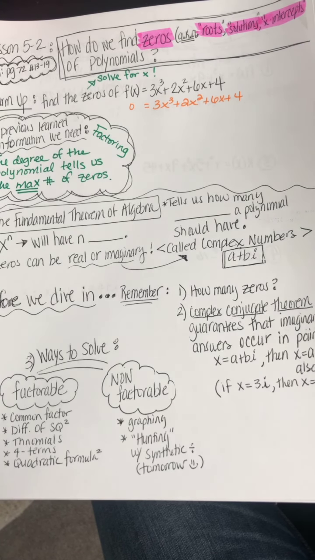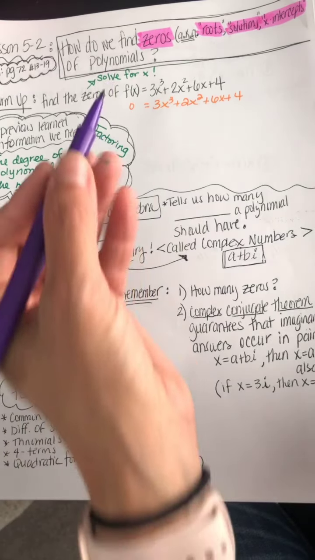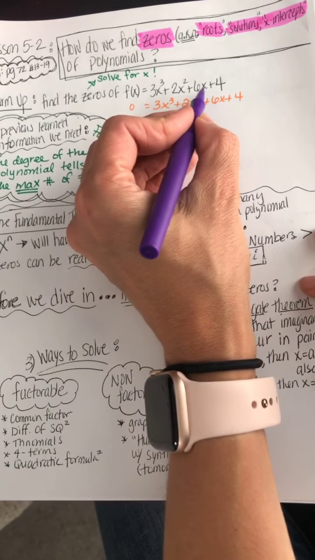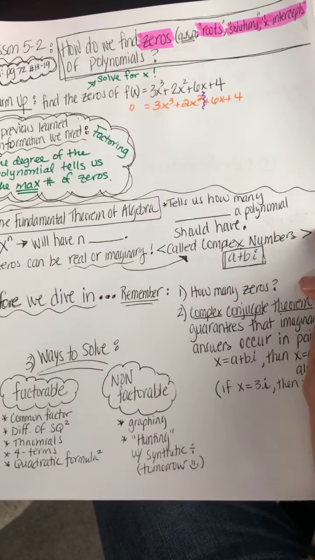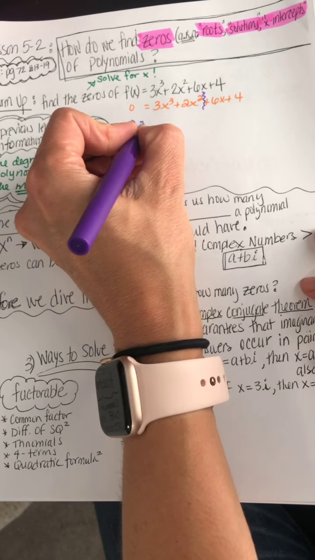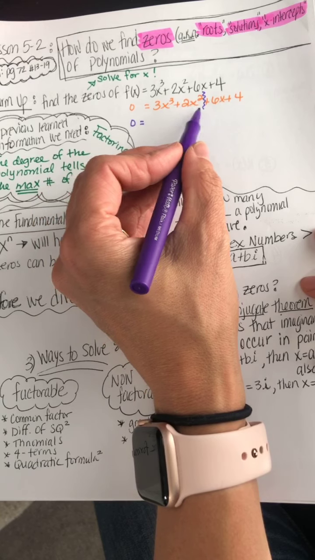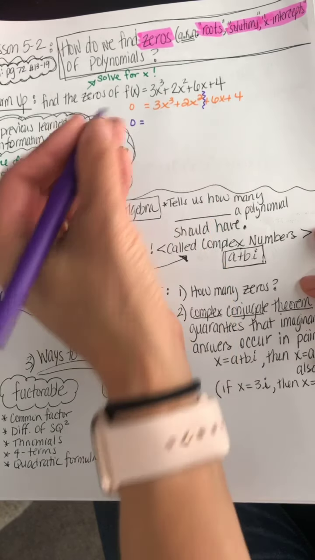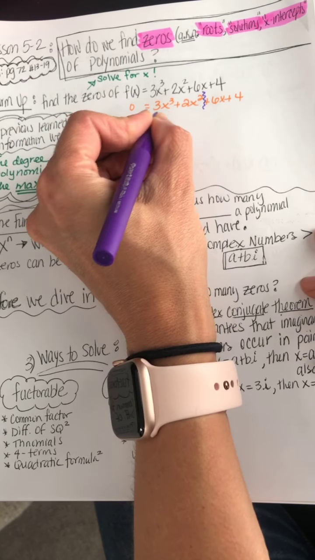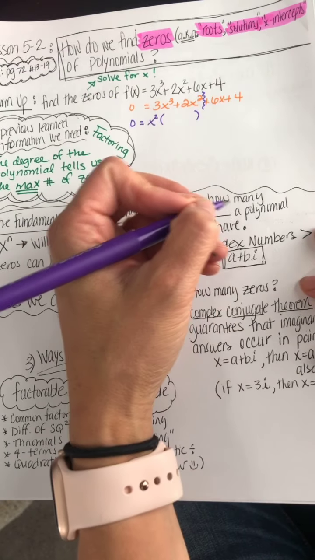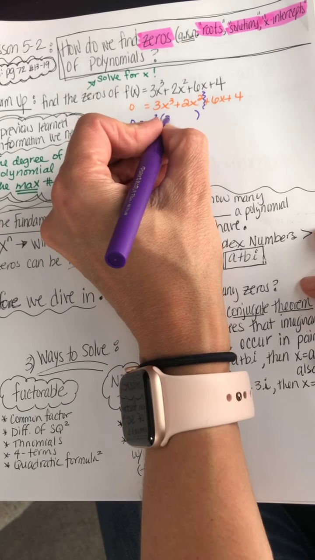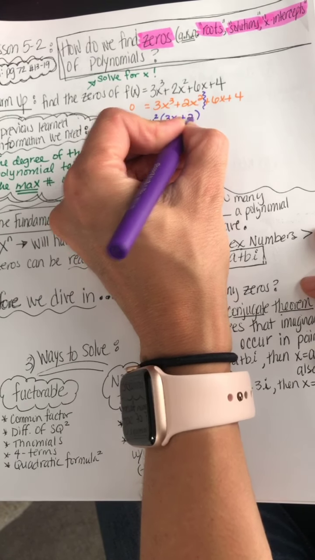And we learned a new method. It's called factoring by grouping. So if we have an even number of terms, we could try to factor this by breaking it in half and factoring each side. On the left, we have an x squared in common. So when we factor it out, we divide it out, we'll have 3x plus 2 left.